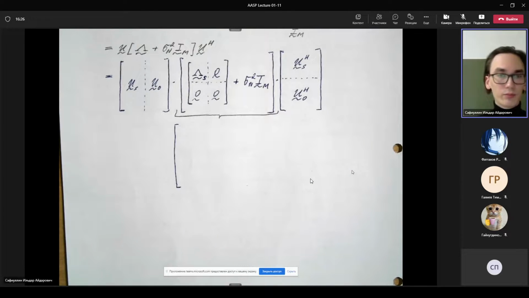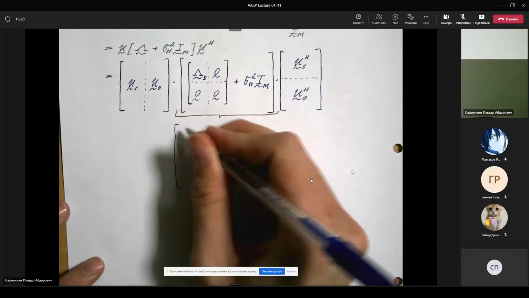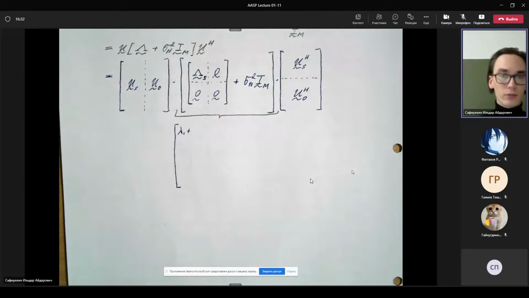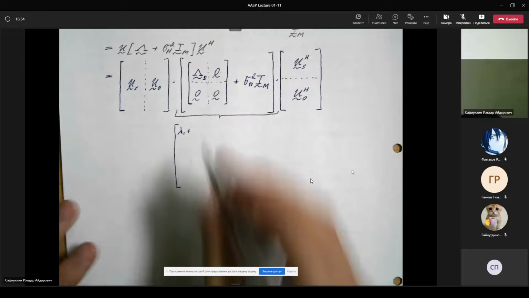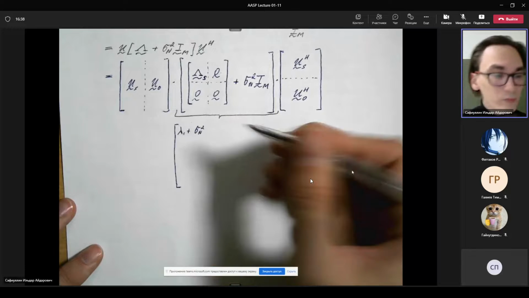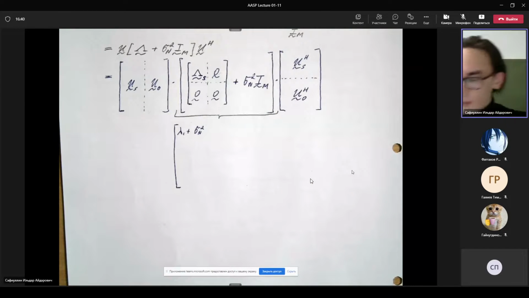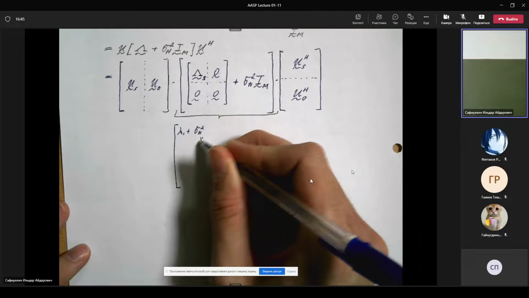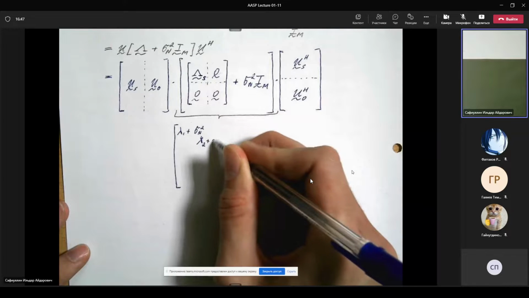The first value is lambda 1 plus our noise variance, sigma n squared. Then the second value, lambda 2 plus sigma n squared.